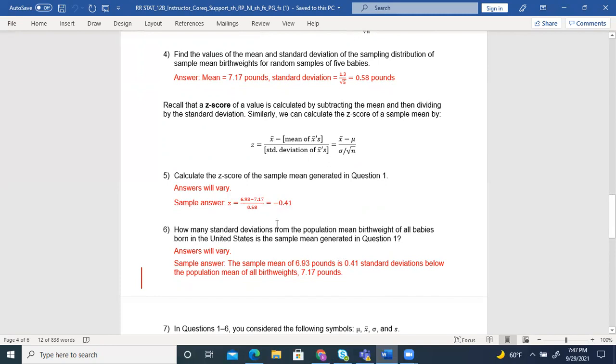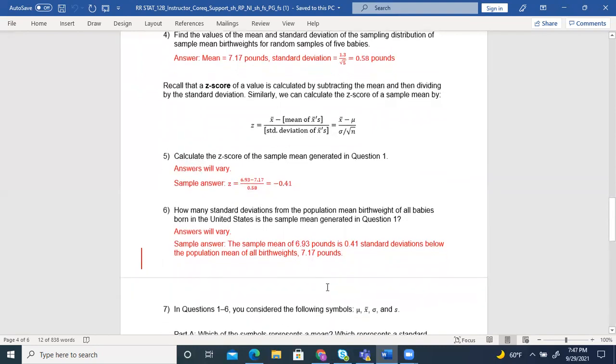As you see, that number is negative 0.41. That means the sample mean of 6.93 is 0.41 standard deviations below the population mean of all baby birth weight, which is 7.17 pounds.